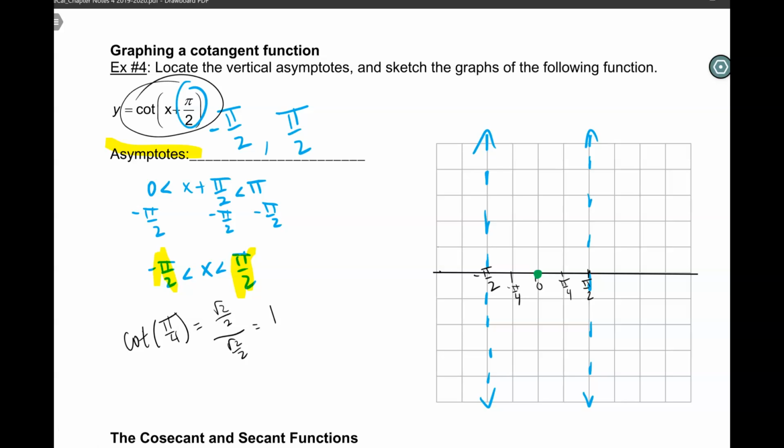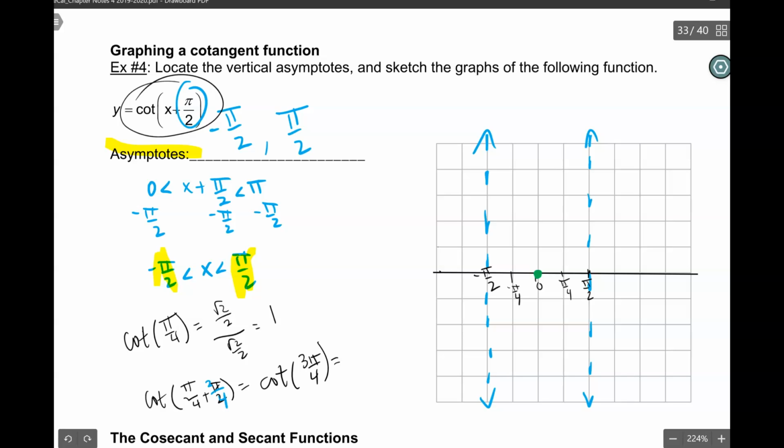So when I plug in a positive pi over 4, I'm taking cotangent of pi over 4 plus pi over 2, so cotangent of 3 pi over 4, as 2 pi over 4 plus 1 pi over 4 is 3 pi over 4. Cotangent of 3 pi over 4 is going to be negative 1.